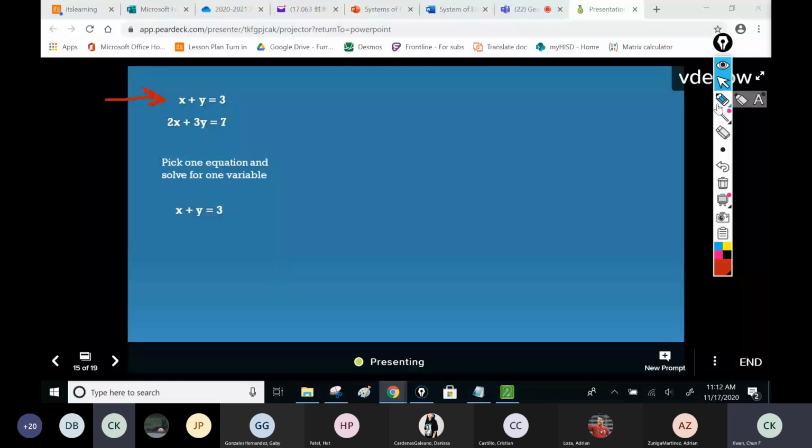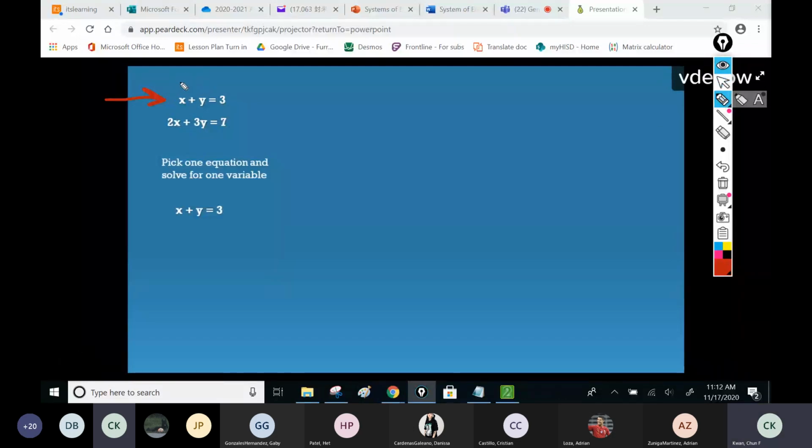So we're going to solve the first equation for x. That means we need to do a minus y on the left, minus y on the right. And then x equals 3 minus y.